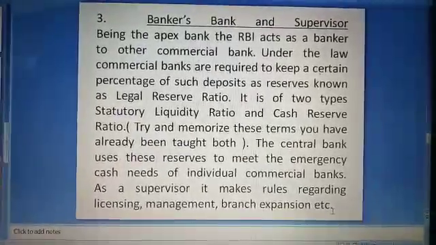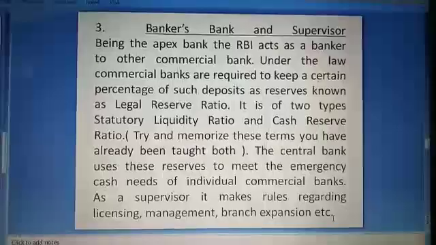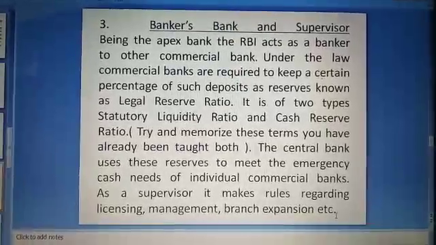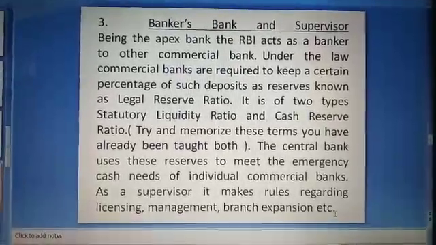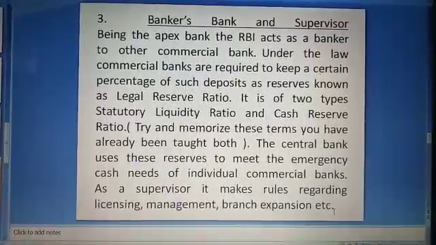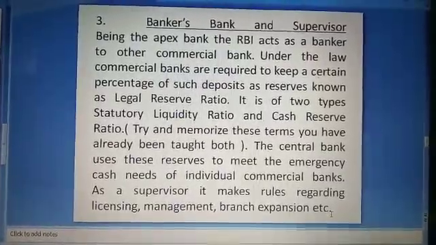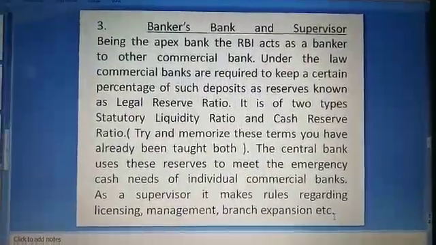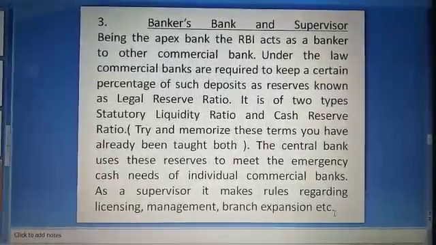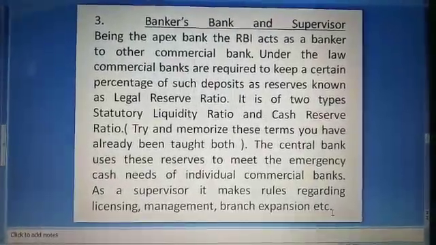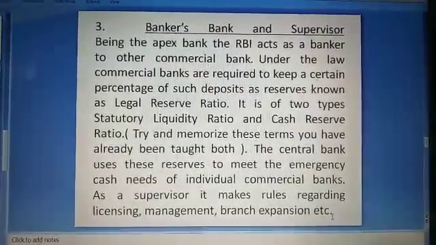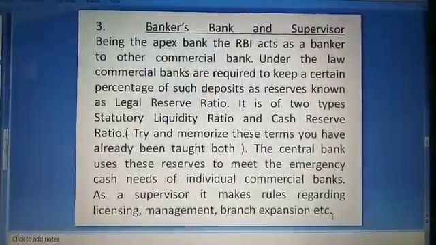Okay, now how is it a banker's bank and supervisor? Now, there are many kinds of banks under the RBI. RBI is the supreme or the apex body. Underneath that, there may be many kinds of public and private sector banks. So, being the apex bank, the RBI acts as a banker to other commercial banks.